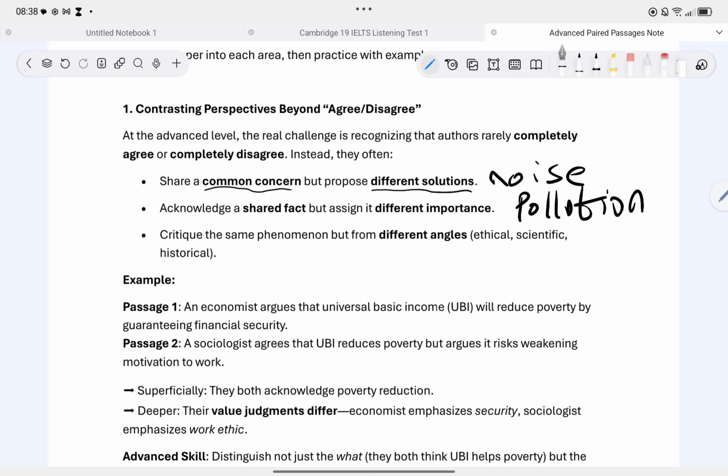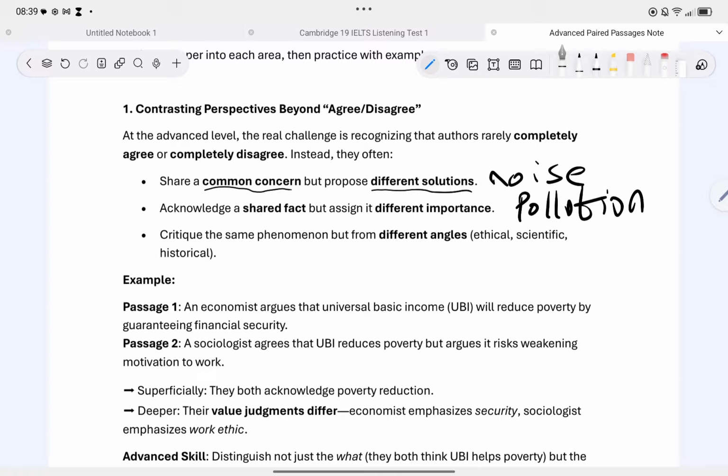Author A may say that, you know what, yes, noise pollution is a thing, but we need to make noise pollution a criminal offense. If you make a certain level of noise, you should be arrested. That's author A's solution.